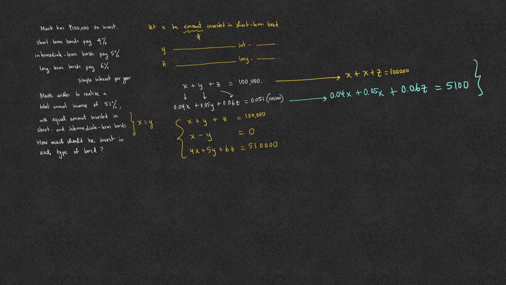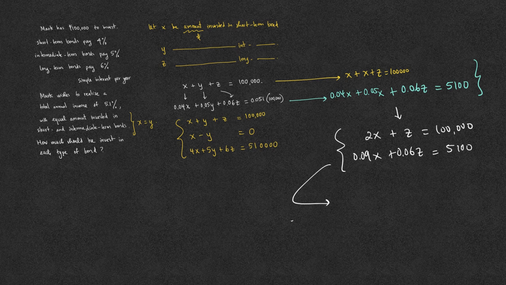We now have a system of two equations and two unknowns only, so we will simplify this. This is 2x plus z equals 100,000 and 0.09x plus 0.06z equals 5,100.